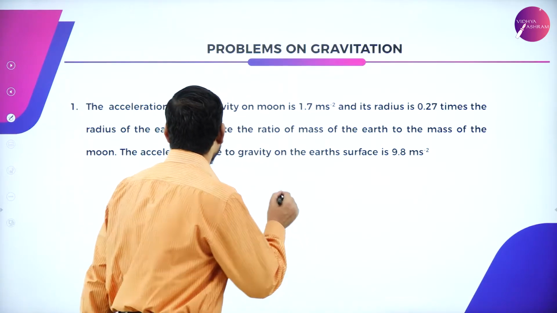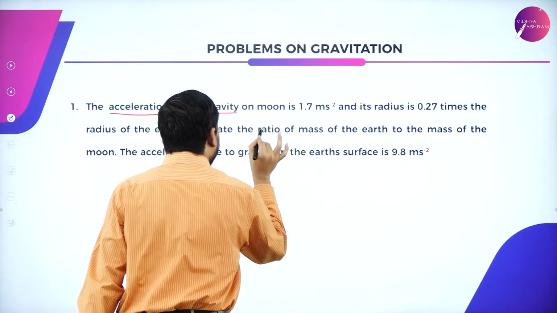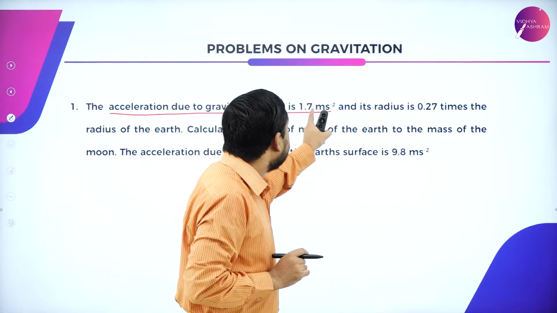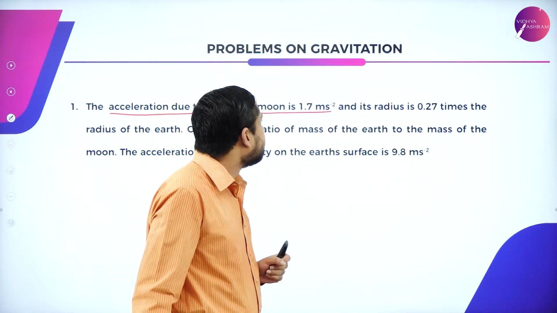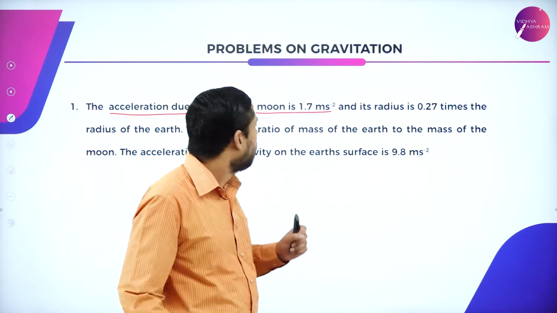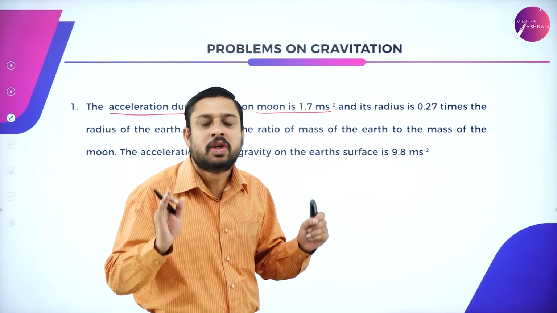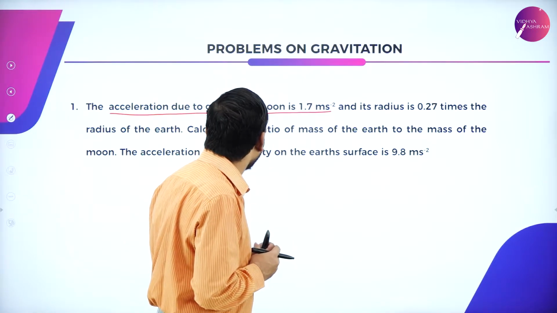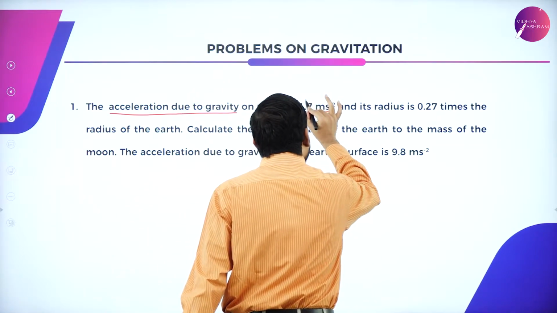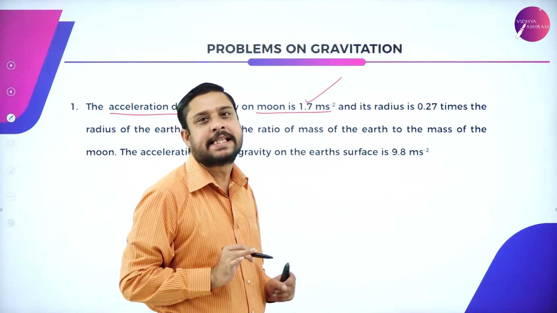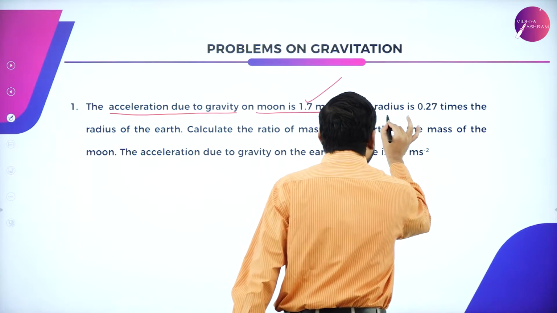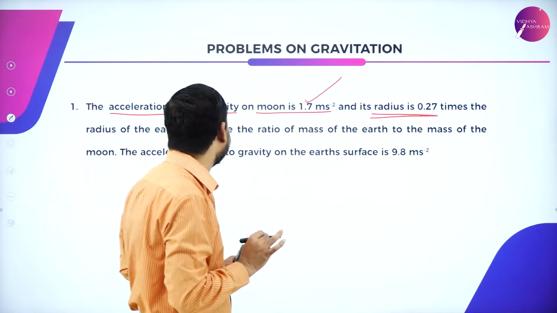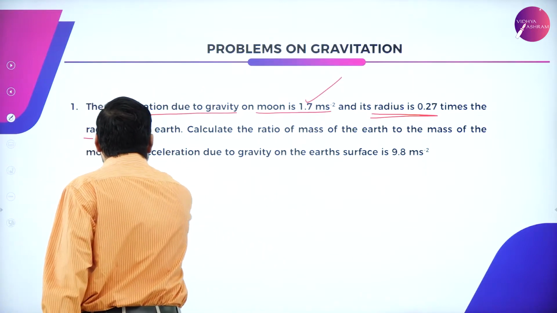The problem says acceleration due to gravity on the surface of the moon is 1.7 meter per second square, and its radius is 0.27 times the radius of the earth.